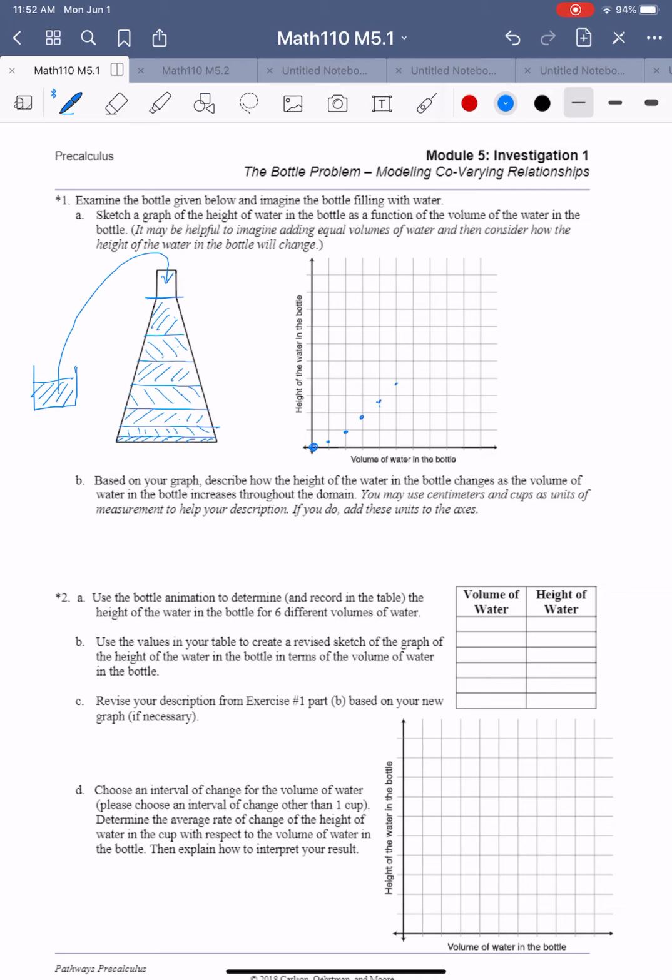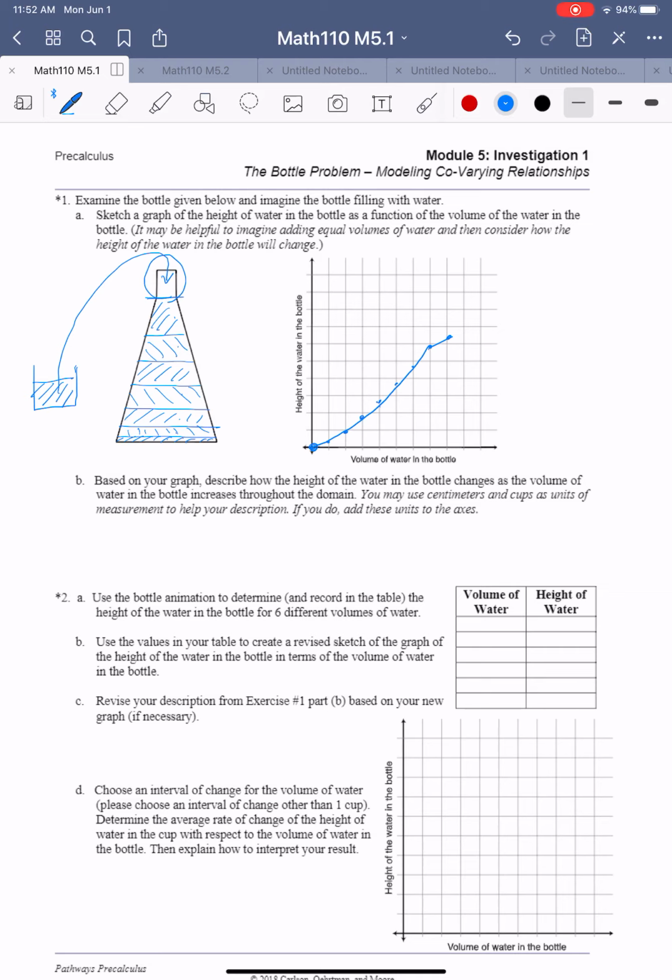But after 7 cups, this is actually the constant part to fill in. So you might have a little bit higher, but it's not that narrow. Okay, so when you do this, you might have a graph like this one.